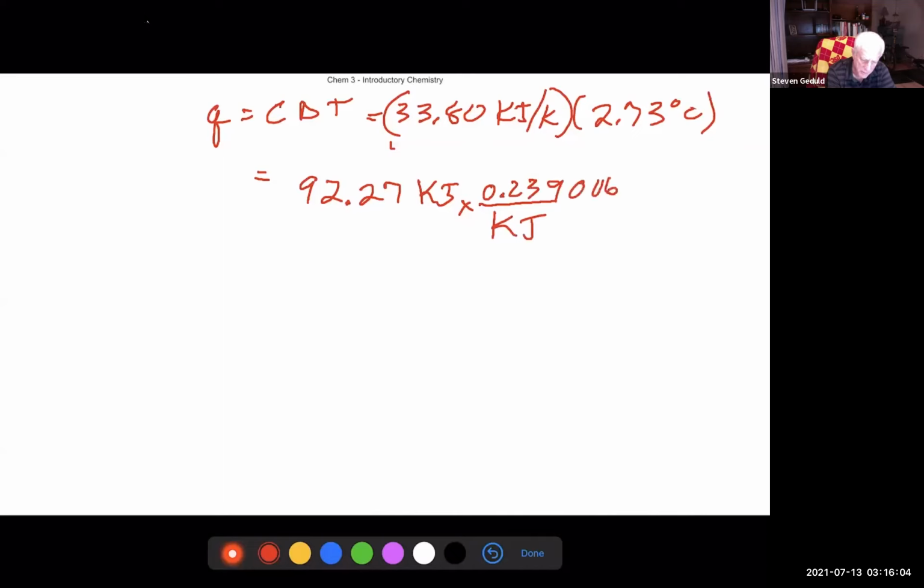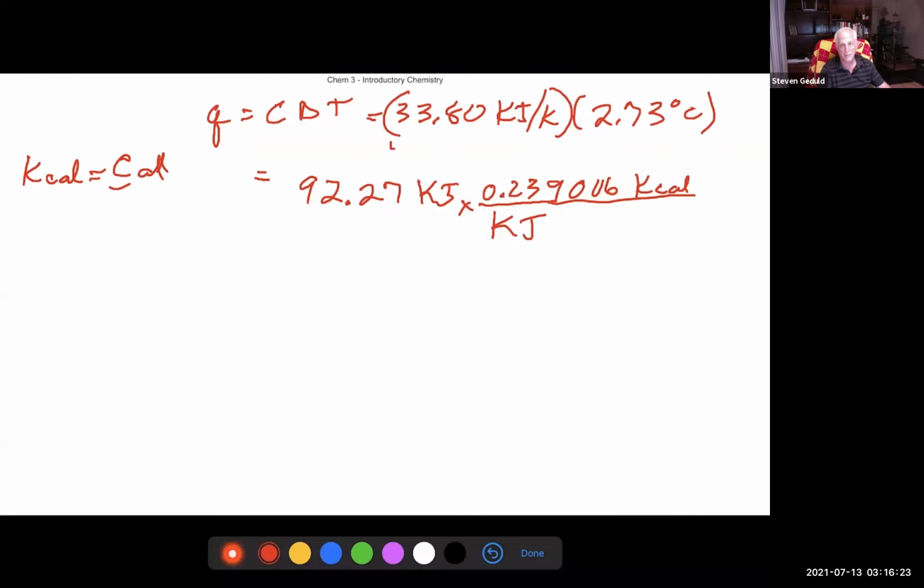And a kilocalorie is equal to a calorie with a capital C. That's our nutritional calorie. Because if you look at a Snickers bar and it says 7 calories, you're going to buy it. If it says 7,000 calories, you're not going to buy it, right? So it's all just a matter of looking at things.